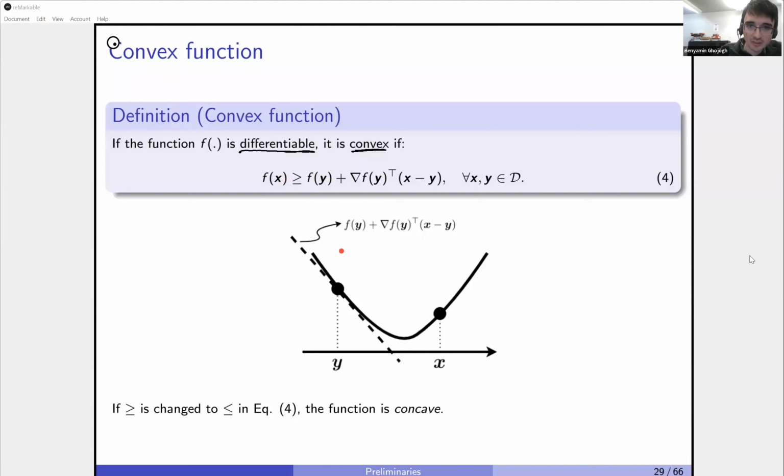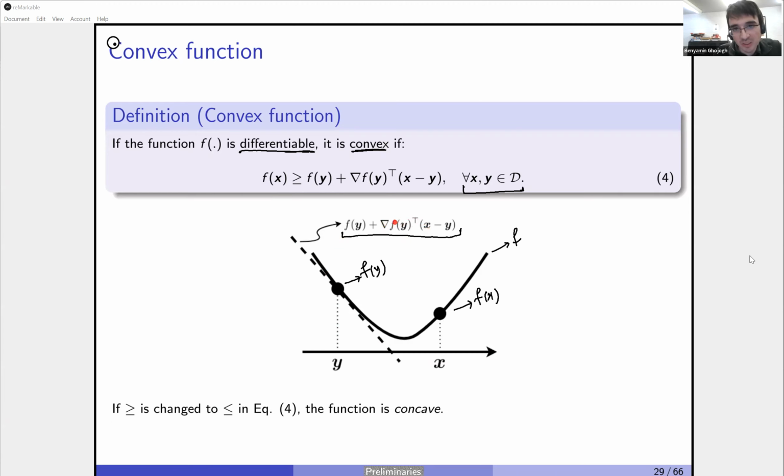And what this means, I have drawn it here. For all x and y in the domain, so any two points x and y, this is f of y, this is f of x. This line is the tangent line on this function. So this is the function, right? The tangent line on this function, which is tangent at this f of y, has the equation: f of y plus the derivative of f at y, transpose.